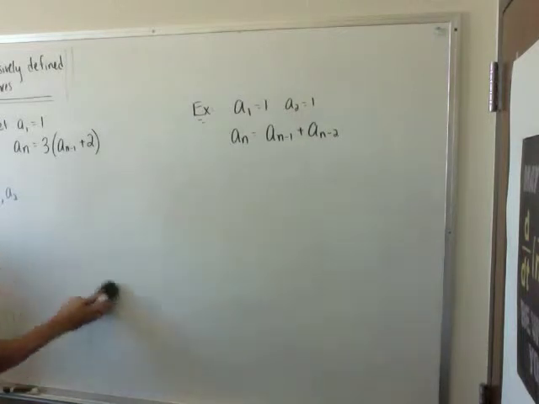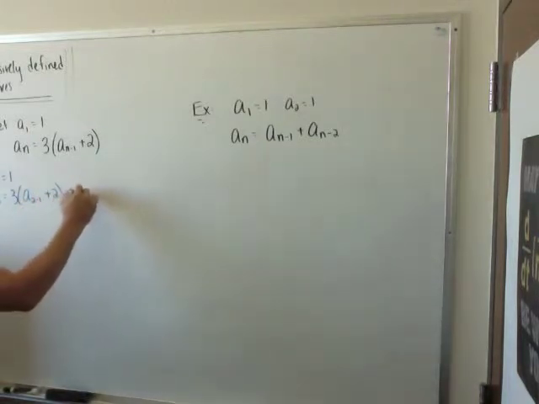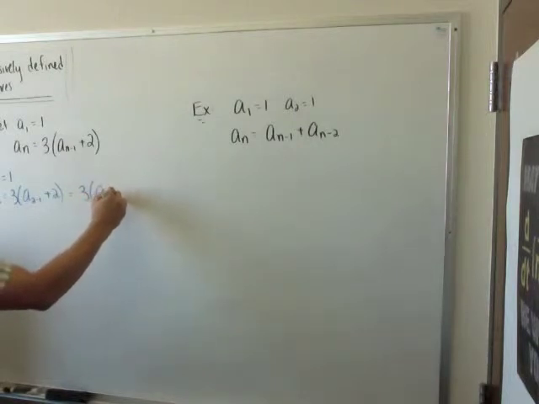Actually, why don't I write it this way? So A1 is 1. A2, according to this formula, A2 equals 3 times A, n is 2, 2 minus 1, plus 2, right?